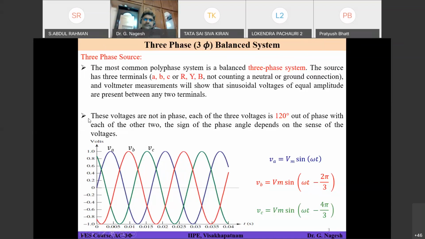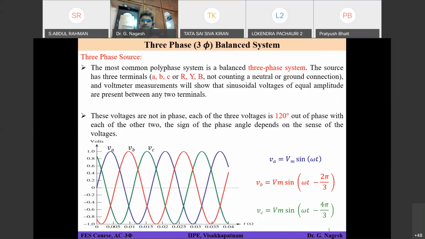These voltages are not in phase. Each of the three voltages is 120 degrees out of phase with each of the other two. That means there will be a 120 degree phase shift between any two line voltages.